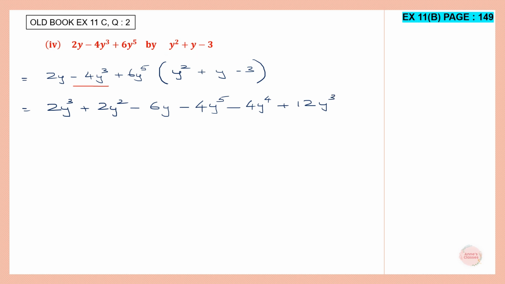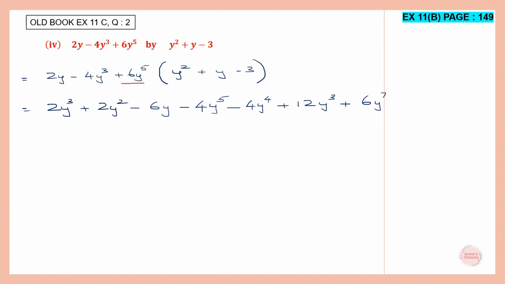Now we'll go on to the next one, that is plus 6y cubed, because we have finished with the previous one. Now multiply this into this. The sign is plus, the number is 6. y to the power of 5 into y to the power of 2 is y to the power of 7. We are adding up the powers.